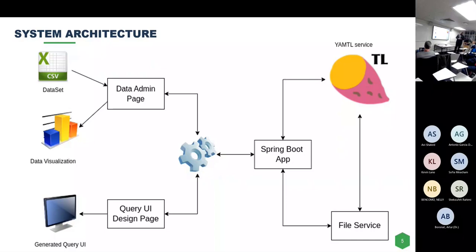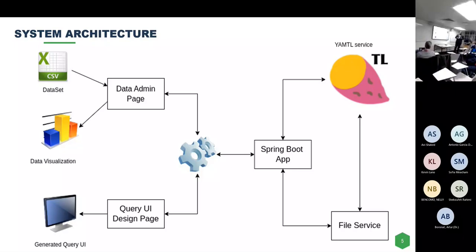We have the data admin page and the query UI page. These are both just user interfaces you can see. So you upload your data set directly via the data admin page, and this Spring Boot application implements RESTful APIs that stores the data set in the file service.